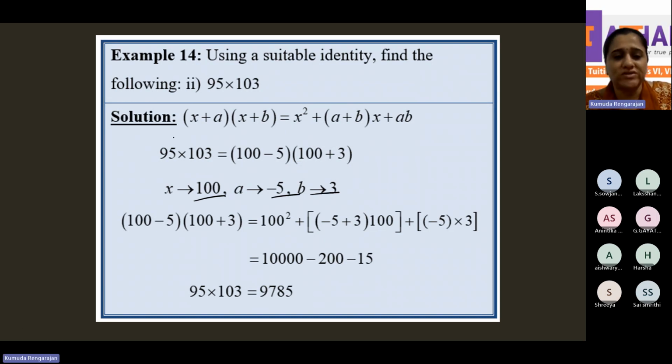So what's the answer? x square, plus a plus b of x. That means you should multiply, a plus b into x.